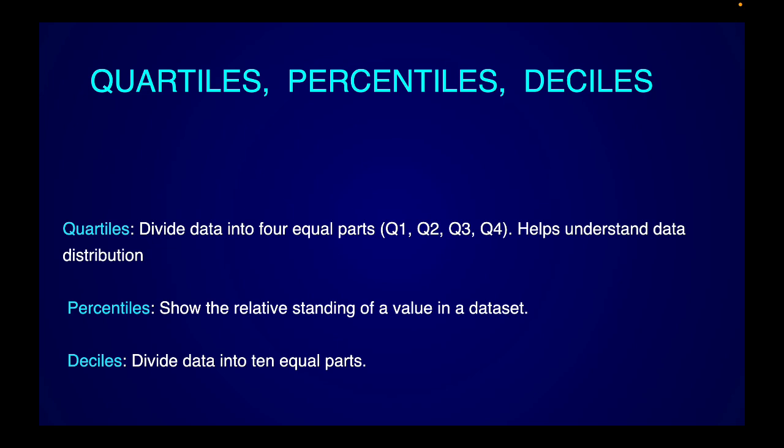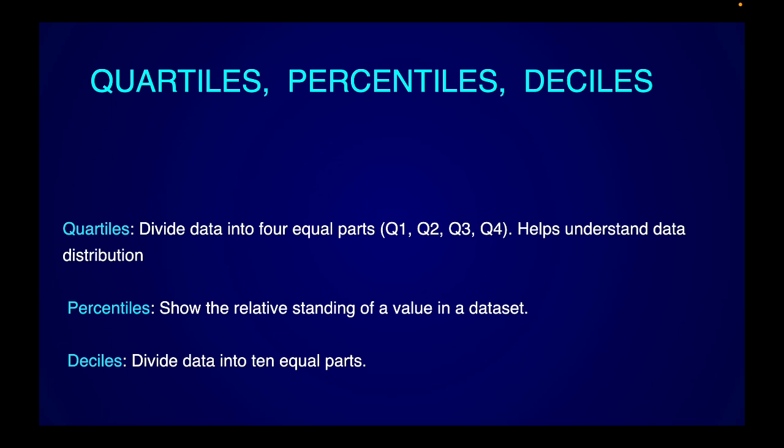In the third quartile, 75% of the data is below this point. Quartiles help in detecting outliers and understanding data spread, meaning variance, right? We can understand how much the data is spread out or how much it differs from the normal.